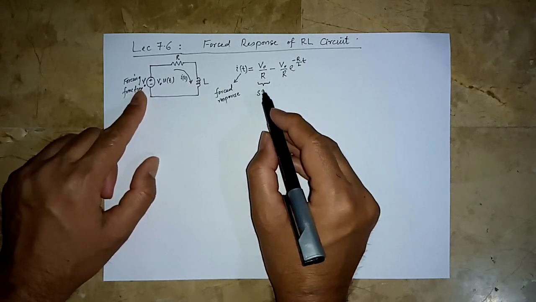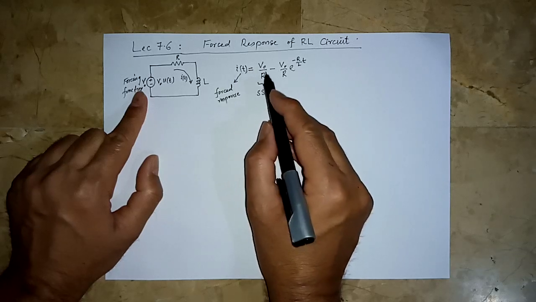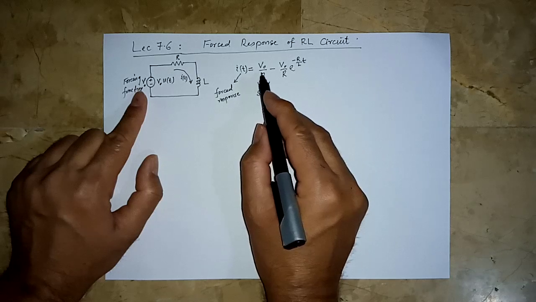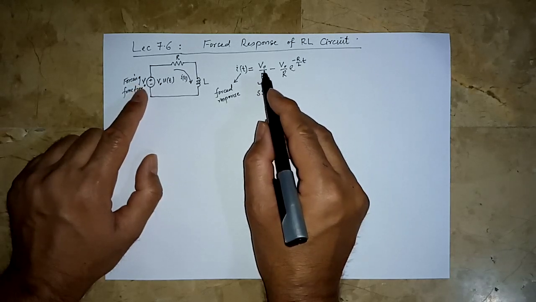This is a part of i(t). So this part is the response that has a form matching the forcing function.